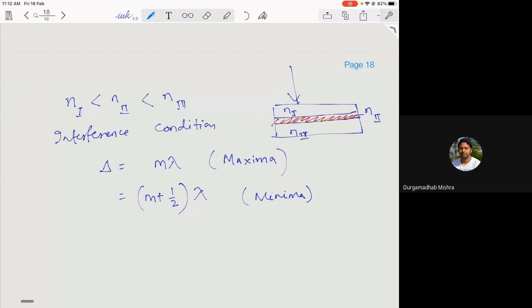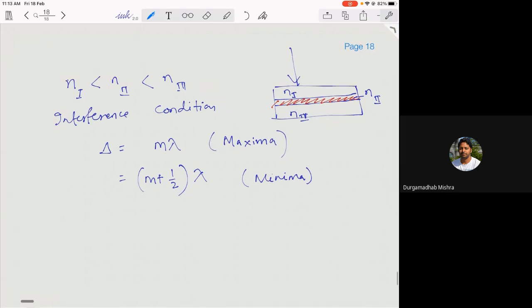If you have such a graded refractive index, you would expect this interference condition, which is different from the thin film that we observe. This has tremendous application, and we will look at some of those applications.